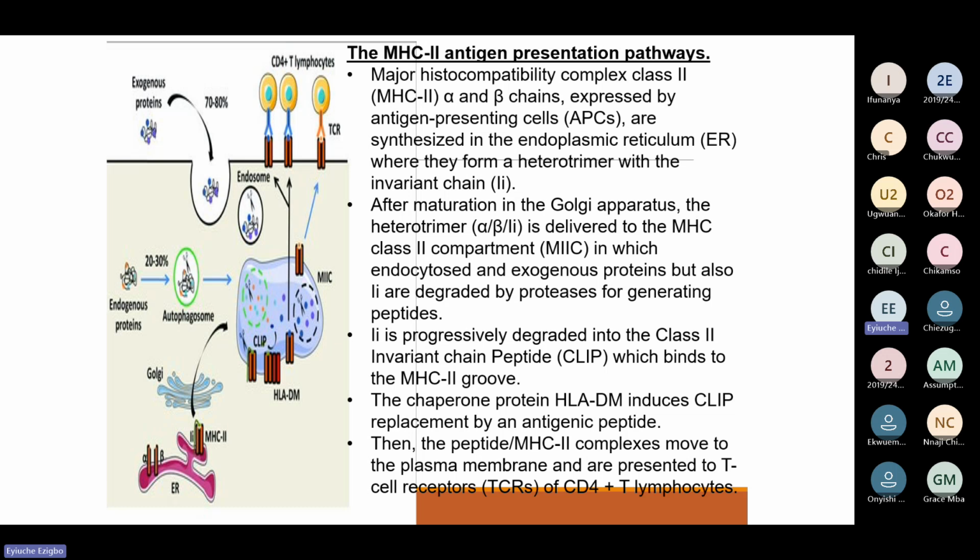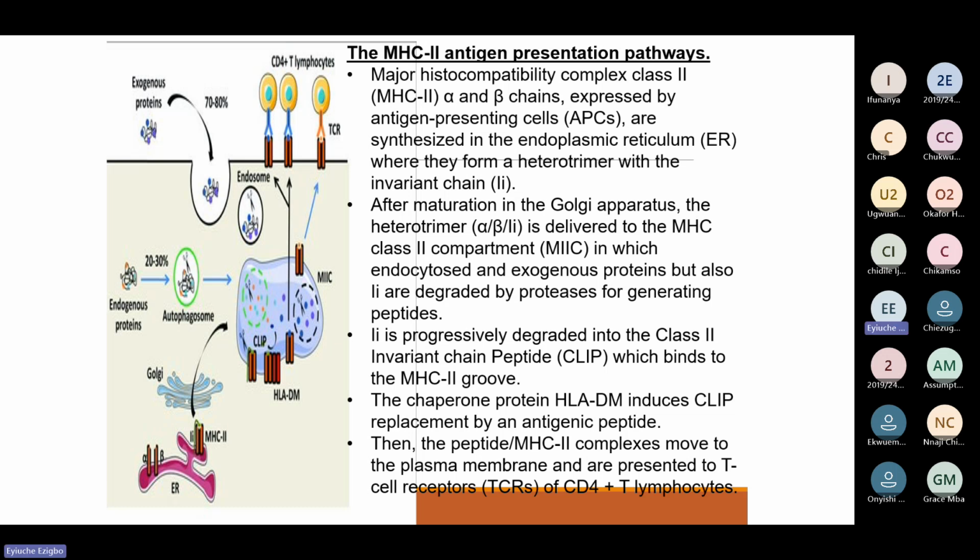The chaperone protein HLA-DM induces CLIP replacement by an antigenic peptide. Then the peptide and MHC class 2 complex move to the plasma membrane and are presented to the T cell receptors of CD4 T lymphocytes.